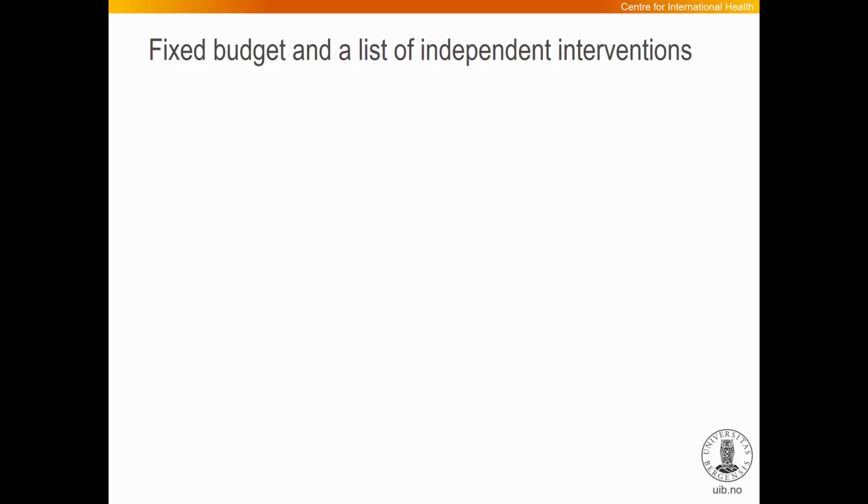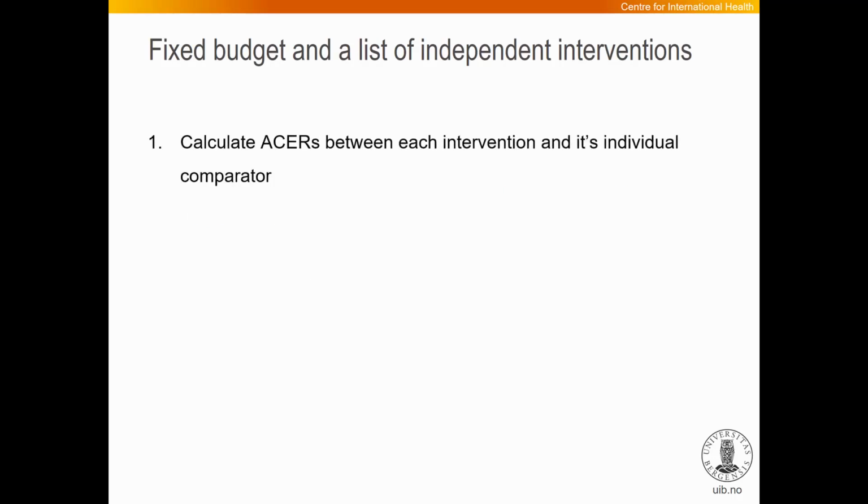The decision rule goes like this. When we have a fixed budget and a list of independent interventions, we first calculate the ACERs. We then sort the list of interventions according to increasing ACERs. So the intervention with the smallest ACER goes on top of the list.